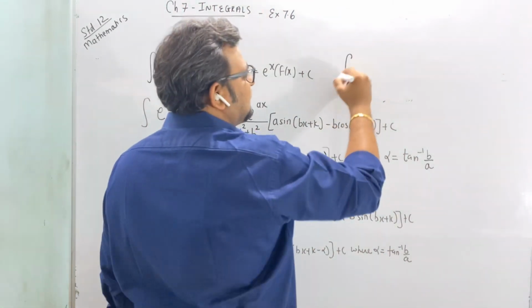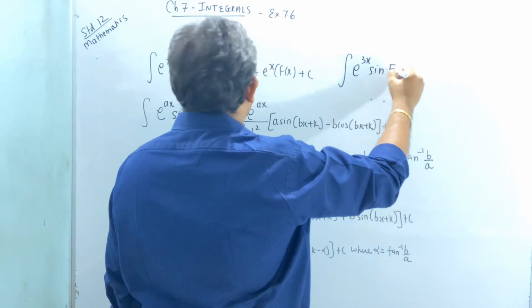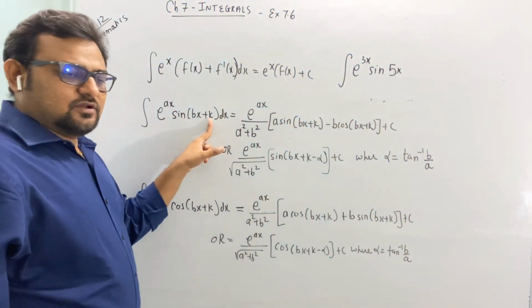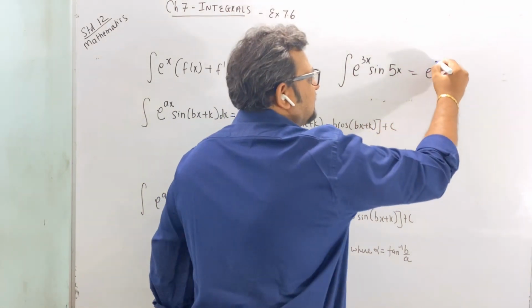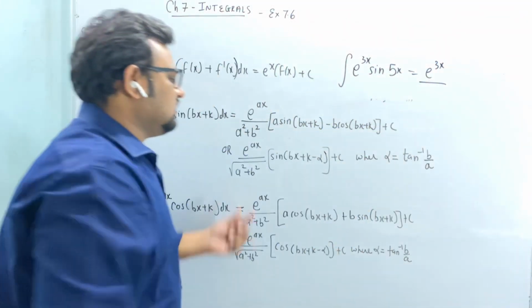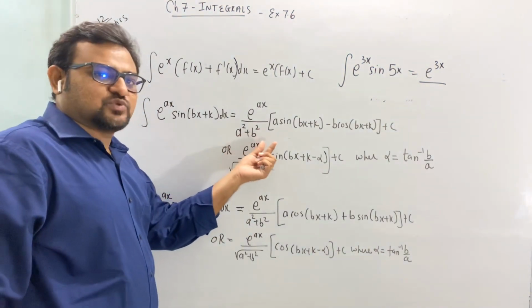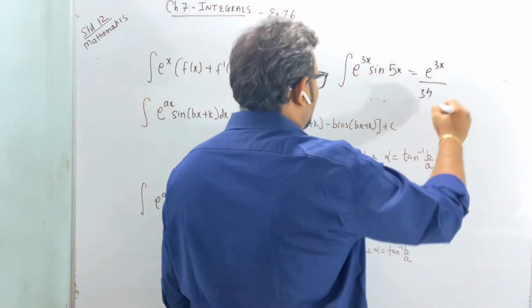Let's say the integration of e raised to 3x sin 5x. In this case, k is not there, so we'll write k as 0. So what will be our answer? e raised to 3x upon 3 square plus 5 square. 3 square is 9, 5 square is 25, so it will be 34.